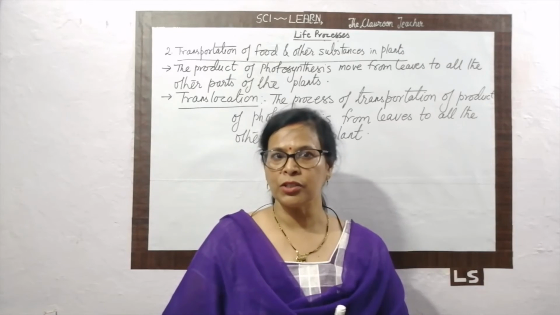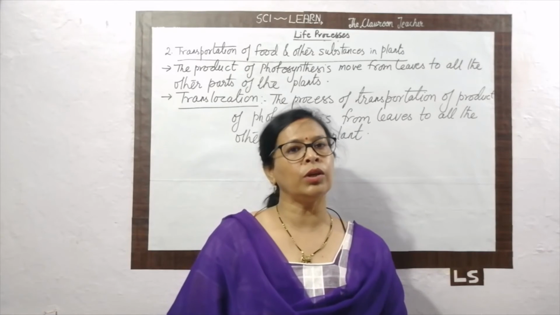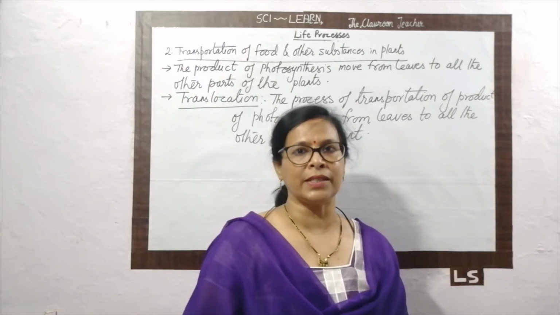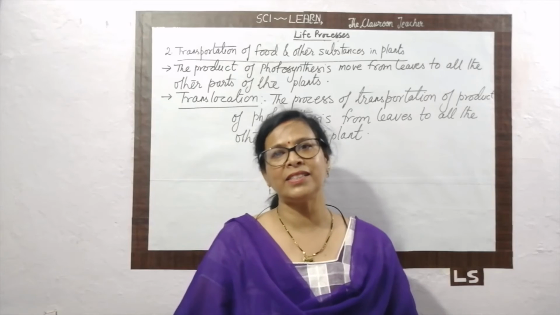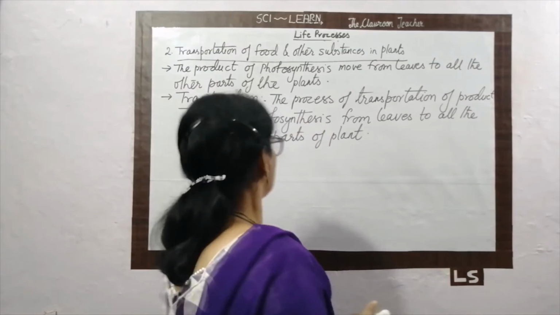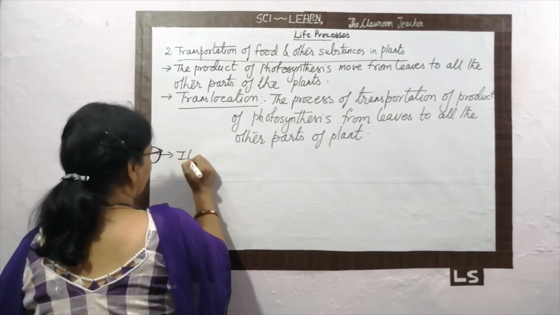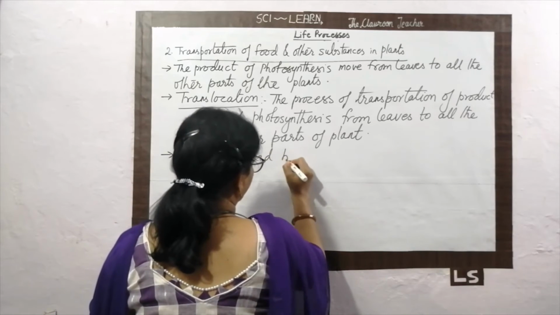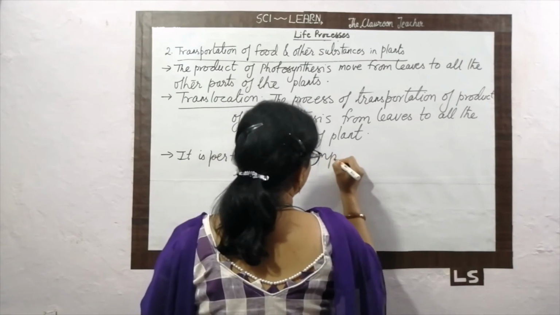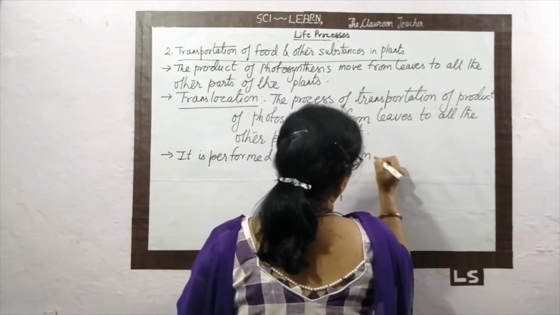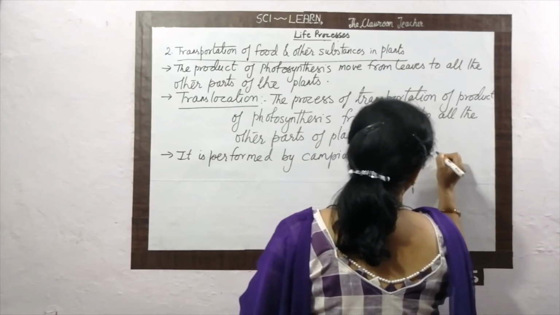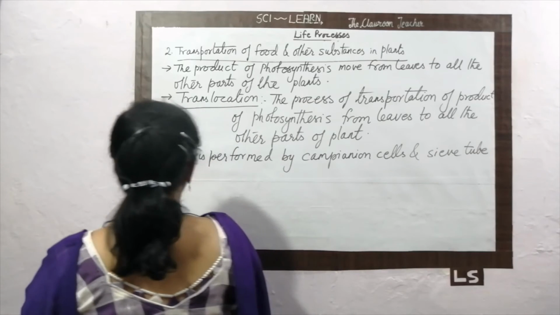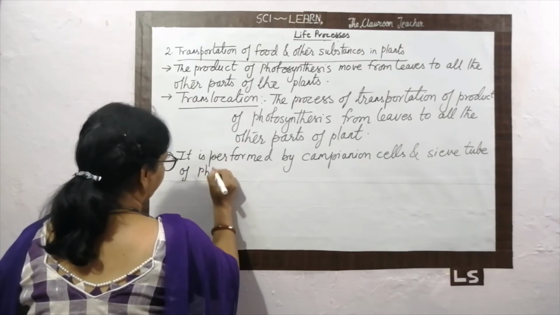But who performs this function? This function is performed by vascular tissue. Within vascular tissue, actually this is carried out by phloem cells. Which phloem cells? Again, the companion cells and the sieve tubes. So it is performed by companion cells and sieve tubes of phloem.